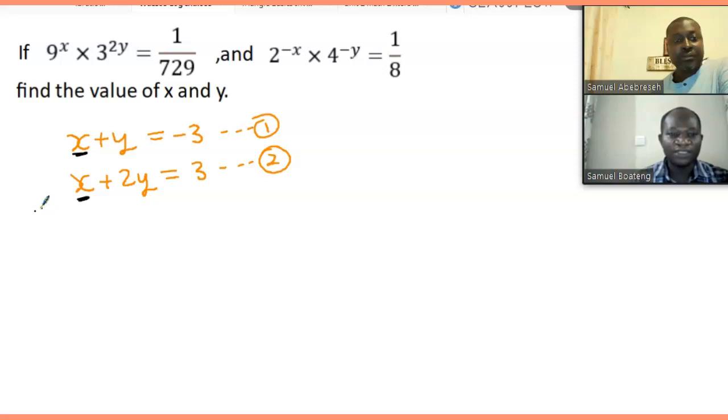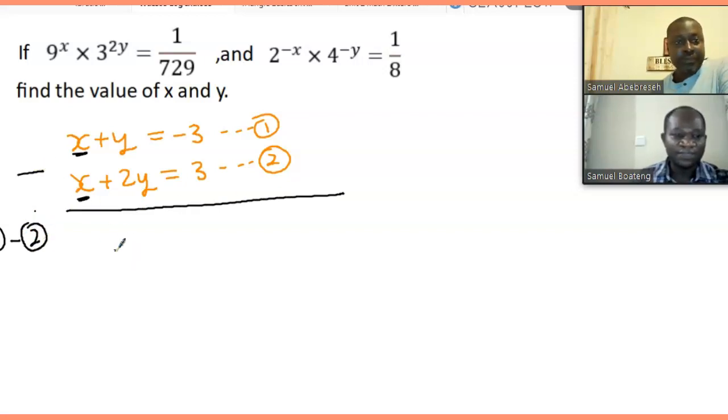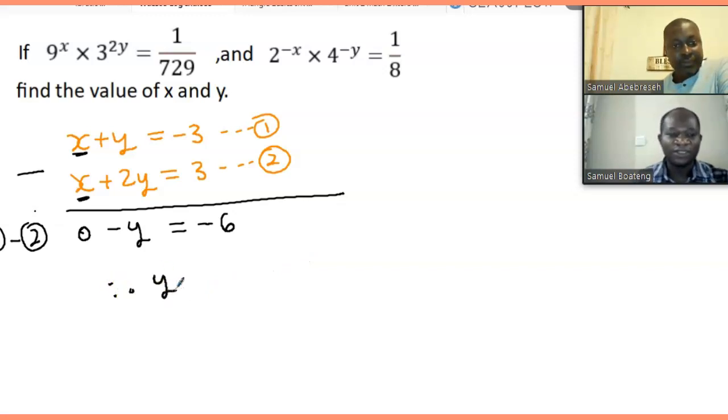So let's write equation 1 minus equation 2. Minus x will give you 0. And then y minus 2y will give you minus y, which is equal to minus 3 minus 3 will give you minus 6. So we want to find y. y will be equal to 6.